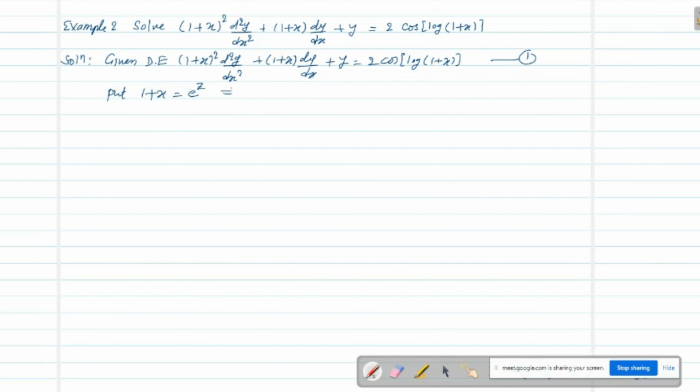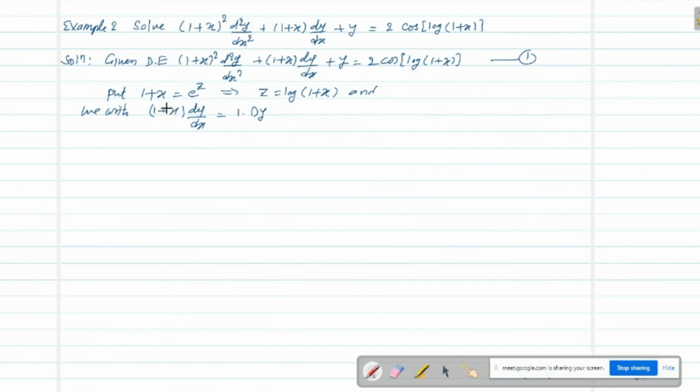So this implies that z equal to log of 1 plus x. And what do we write? We write (1 plus x) dy by dx equal to 1 Dy.